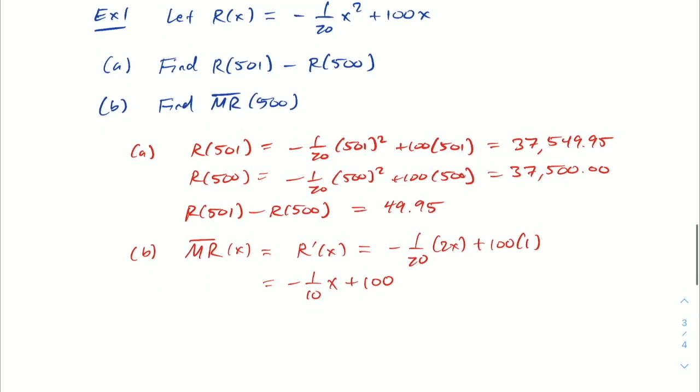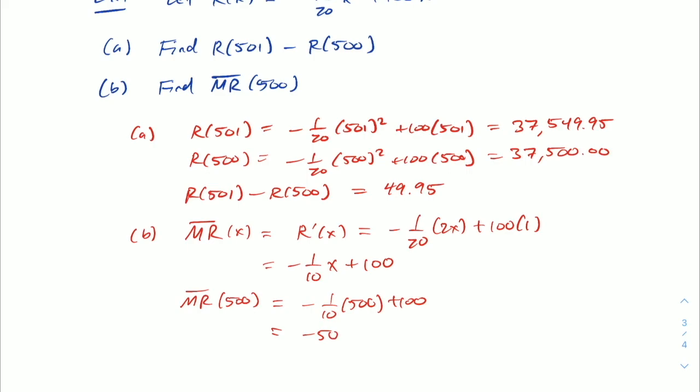Now we'll put in 500 into this function. We'll get negative 1/10 500 plus 100, which is negative 50 plus 100, which is 50. Okay, so you can see that the marginal revenue is really similar to this difference above.